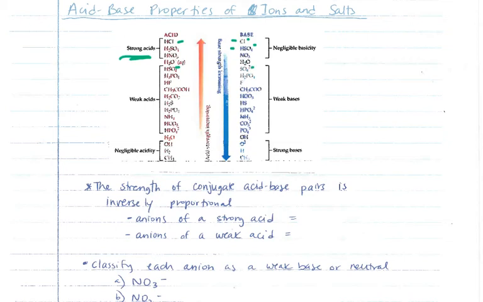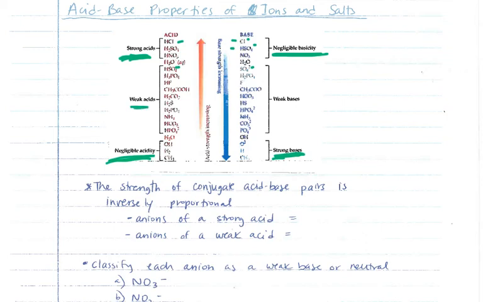Okay, so the conjugate bases of strong acids are not even weak bases. They're just not bases at all. They have negligible basicity. The conjugate acids of strong bases are also not acidic. So the conjugates of a strong acid or base do not really have any acid or base property.